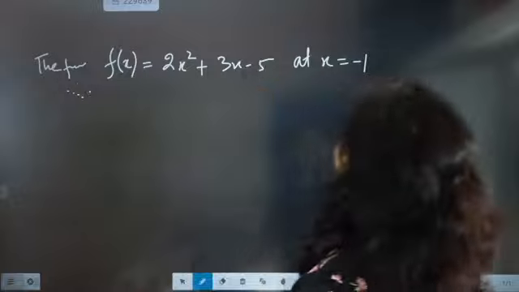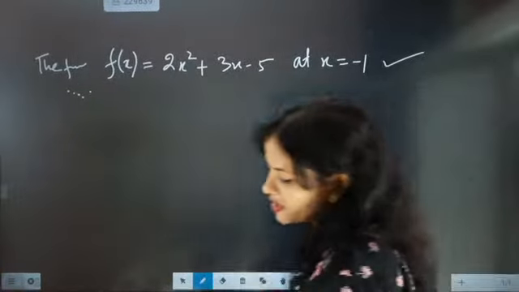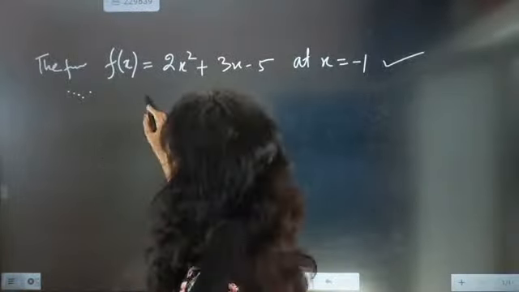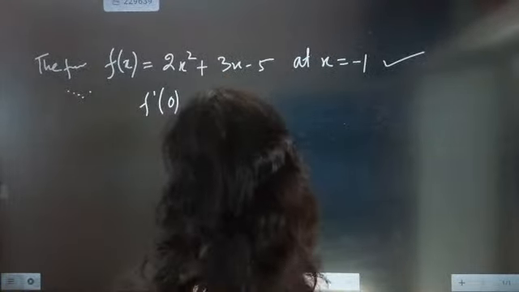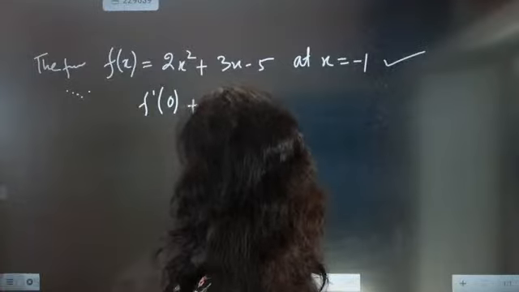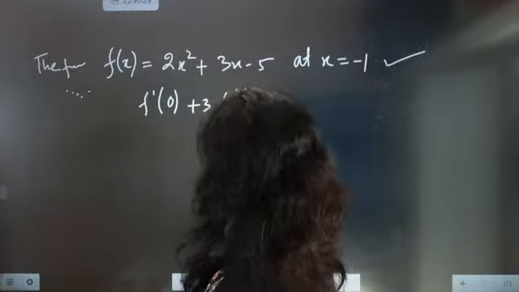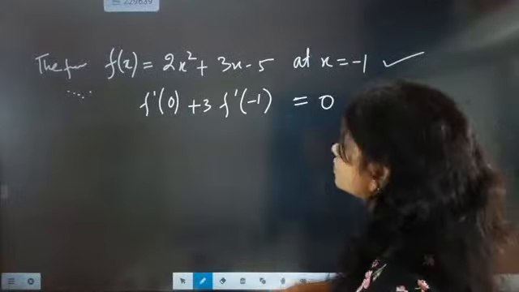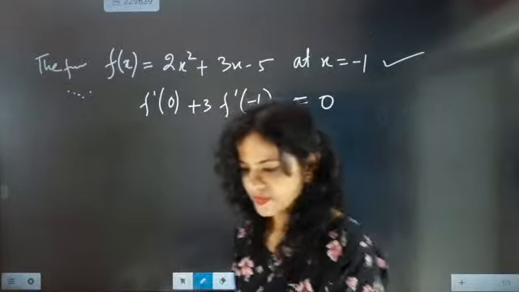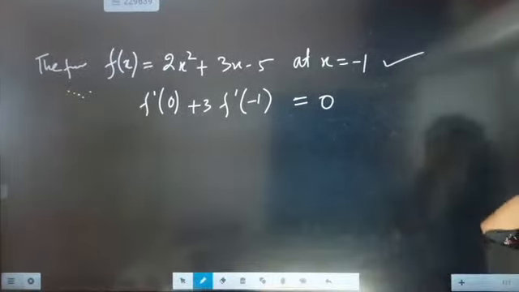Now you have to prove that f dash 0 plus f dash minus 1 equals 0. Will we be able to prove this? Is it a very big deal to prove?